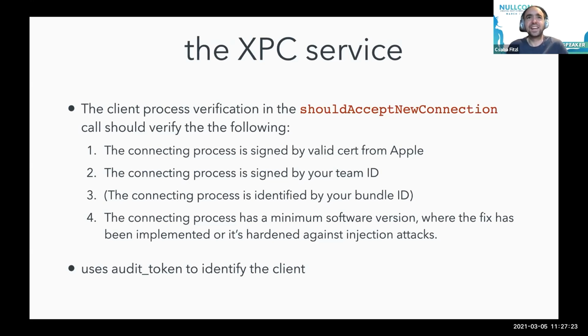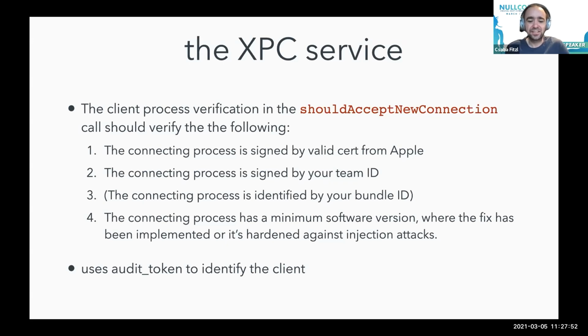This mitigates the issue where we could use an old, let's say, version 7 of the client and connect to the XPC service. Likely the first way is more scalable in the long run, but both are a good way to do it. And to mitigate process ID attacks, you must use audit tokens to identify the client.